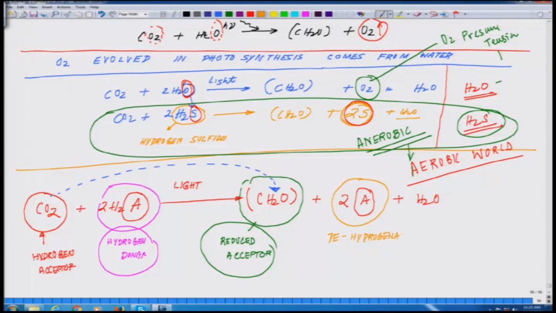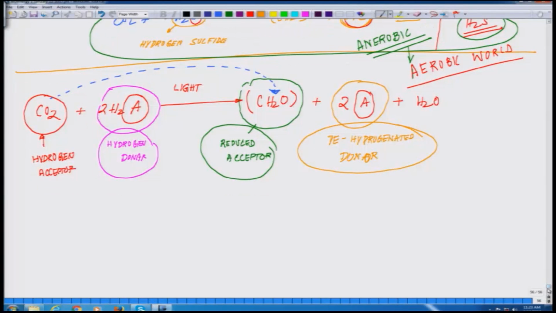Why is it a dehydrogenated donor? Because hydrogen has been removed, whether it was H2S or whether it is water. It is very interesting to note that the hydrogen donor H2A is H2O in green plants and H2S in photosynthetic sulfur bacteria.